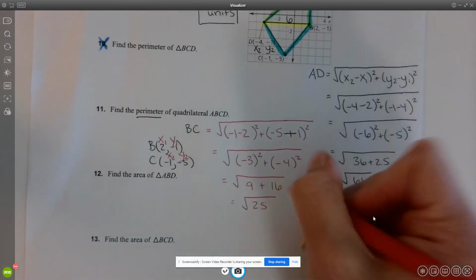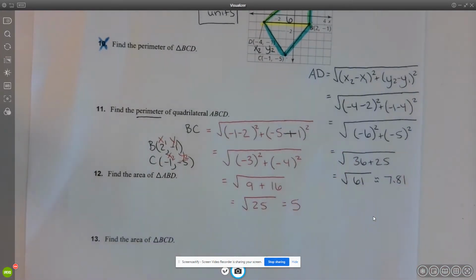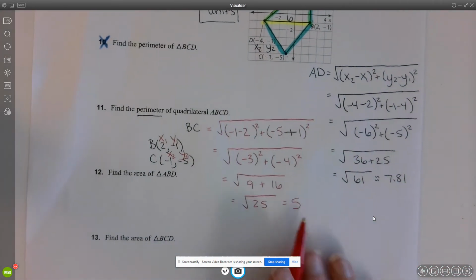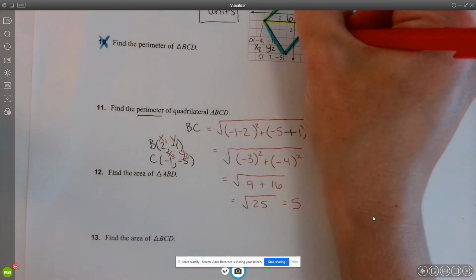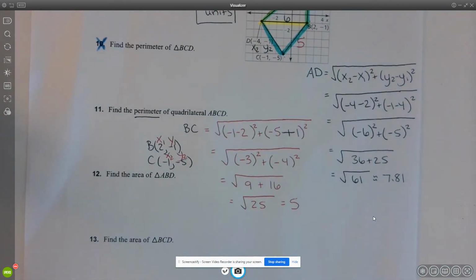The square root of 25 is 5. I don't have to round that one. So I'm going to put that length in my picture.